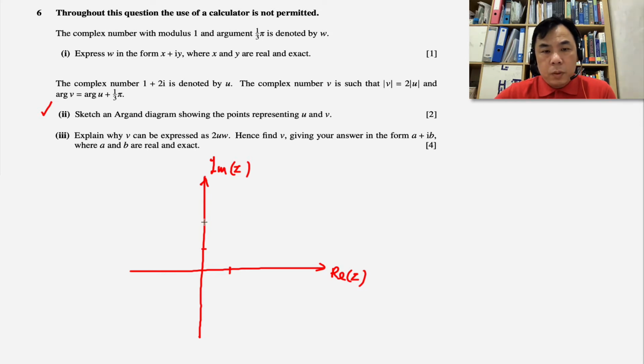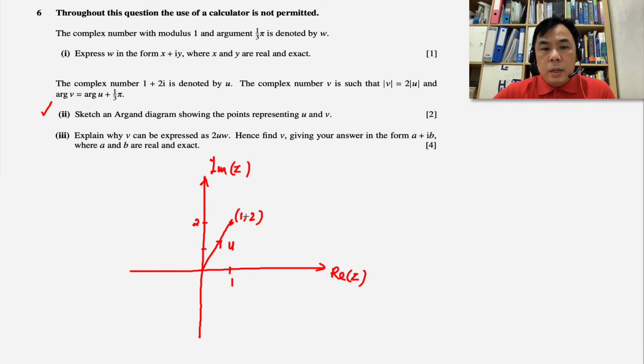So we have 1 and 2 here, and there you have that complex number. Usually I would prefer to represent it using an arrow, similar to a vector diagram, and then label that as u. If you like, you can label this as 1 comma 2 here, just to signify the position where this complex number is located on the Argand diagram.